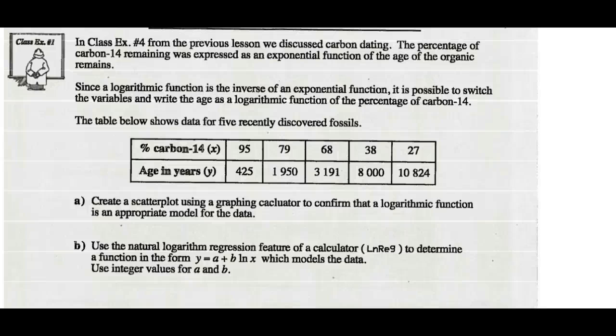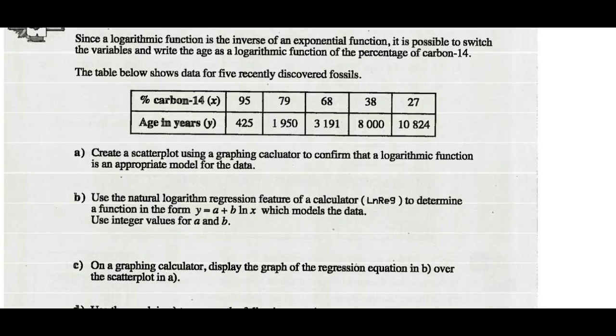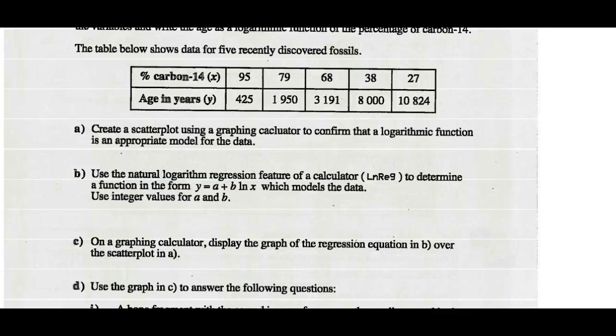Since a logarithmic function is the inverse of an exponential function, it's possible to switch the variables and write the age as a logarithmic function of the percentage of carbon-14. The table below shows data for 5 recently discovered fossils. Create a scatter plot using a graphing calculator to confirm that a logarithmic function is an appropriate model for the data, and then do a natural log regression. So let's type this data into our calculator.